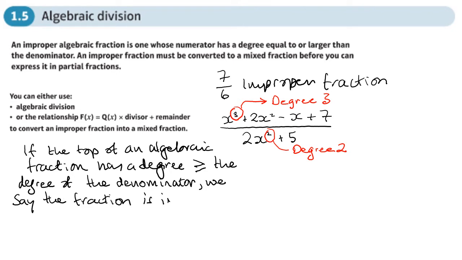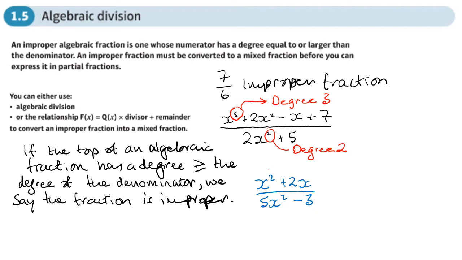Now, you need to watch out for these because you may not always spot that it's an improper fraction. So, for example, x squared plus 2x over 5x squared minus 3, that's an improper fraction.